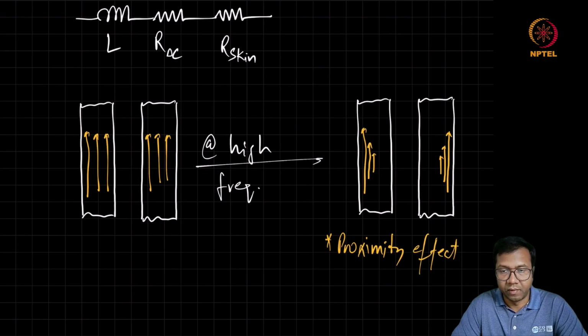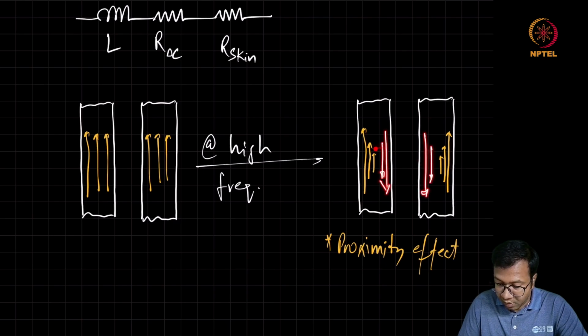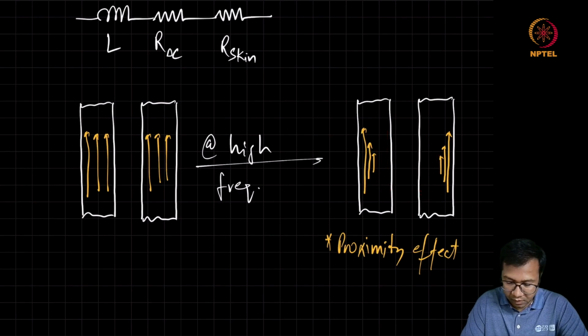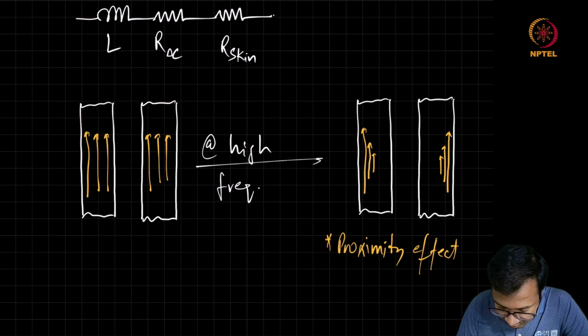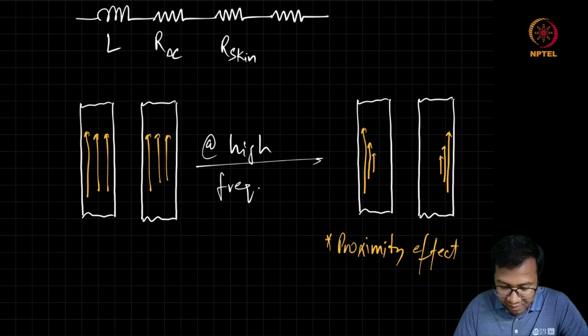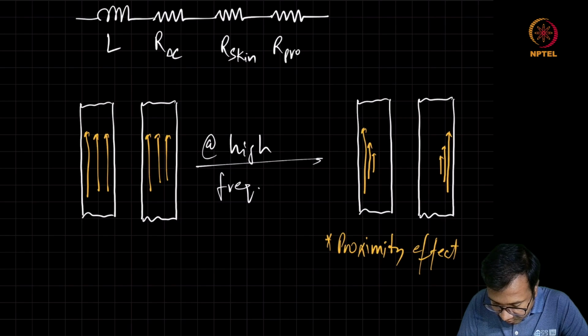And depending on the direction of the current, if they are, let's say, flowing opposite to each other, then they tend to crowd near the surface they are facing. So the net result is that overall resistance again is going to increase at high frequency. To model this, we can add one more resistance in series in the inductor model, and we can call it R proximity.